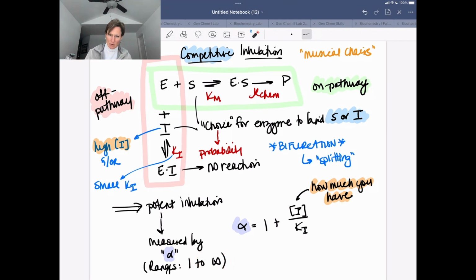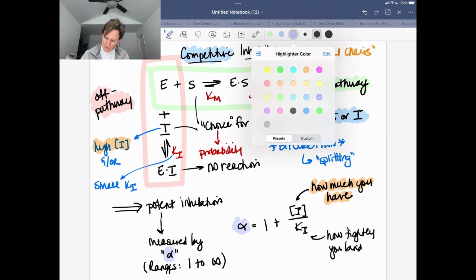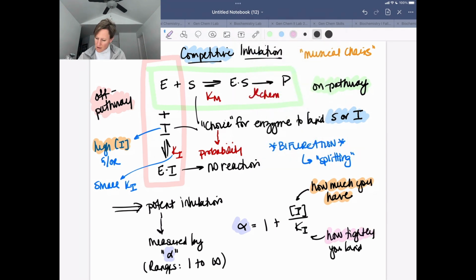The other piece that we want to think about, okay, is this Ki piece. And Ki reflects how tightly the enzyme binds inhibitor. So this is how tightly you bind, okay? Again, a small Ki value is going to reflect binding tightly.